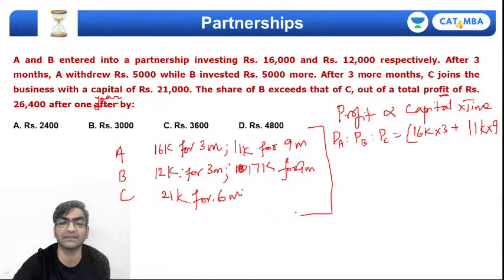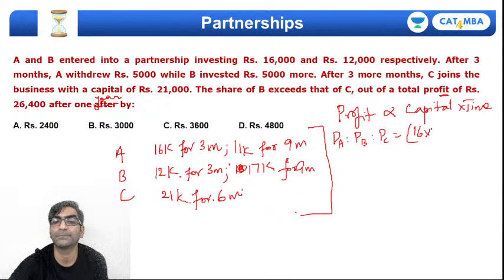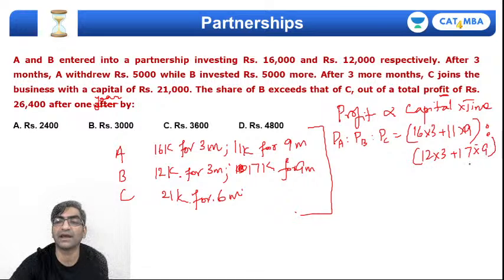If you want to work all in terms of thousands, I can remove the k since everything is in k's. So 16 into 3 plus 11 into 9, that's for A. For B, that's 12 into 3 plus 17 into 9. And for C, it's 21 into 6.